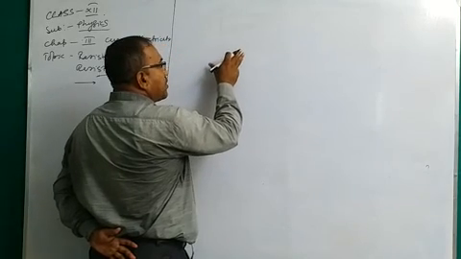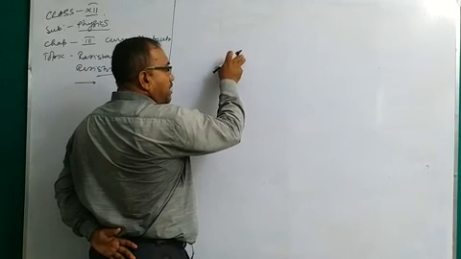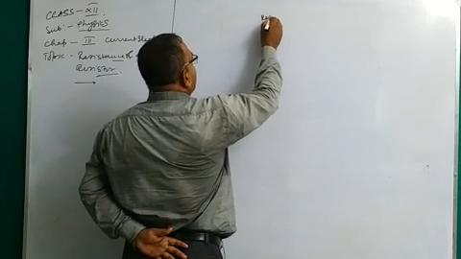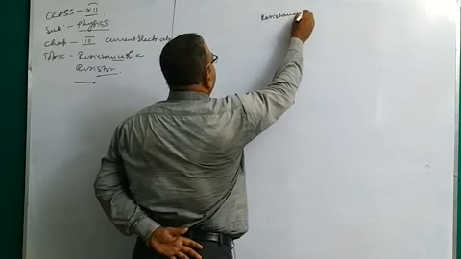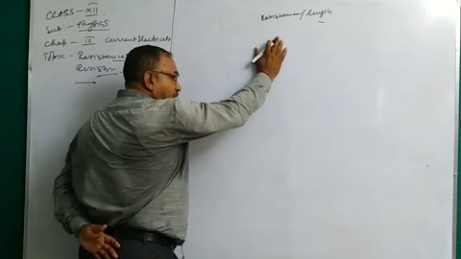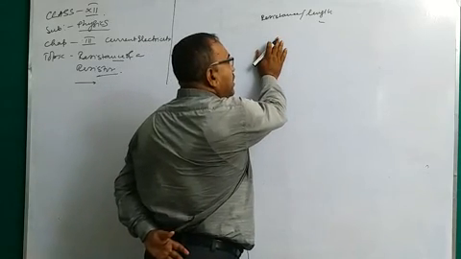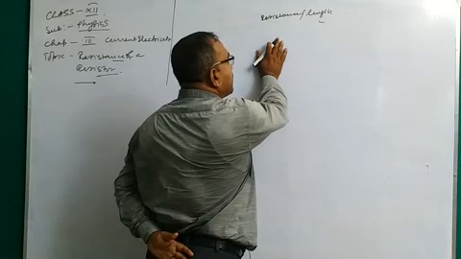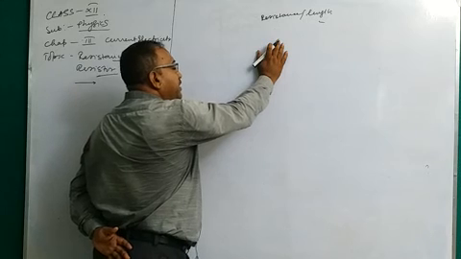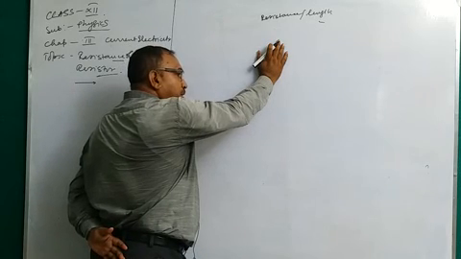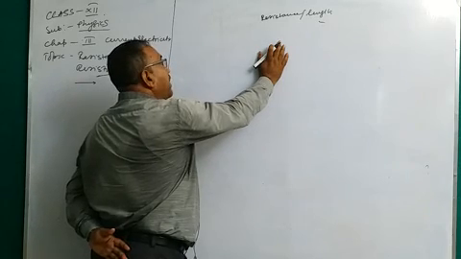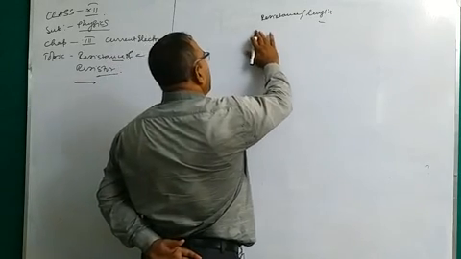From the Ohm's experiment circuit, you find out the resistance per unit length. Second, you find out the resistivity of the material, the resistivity of an unknown wire, with the help of the meter bridge. Also, you verify the combination of resistances, that means series and parallel. So many practicals are here.